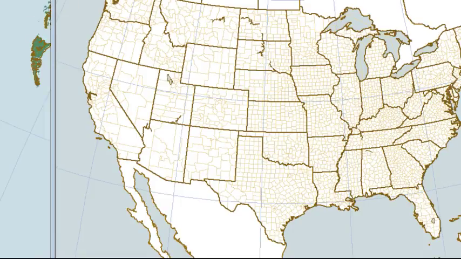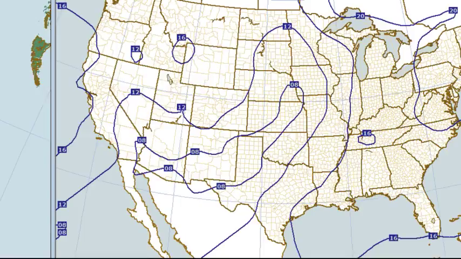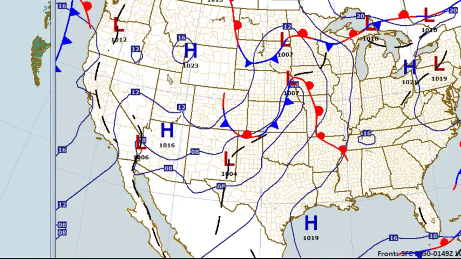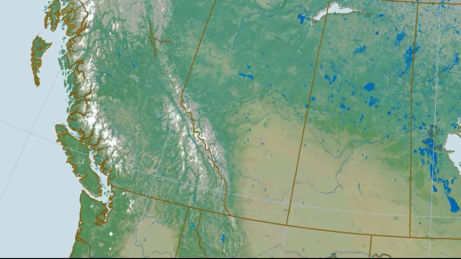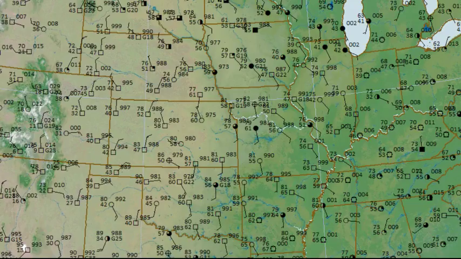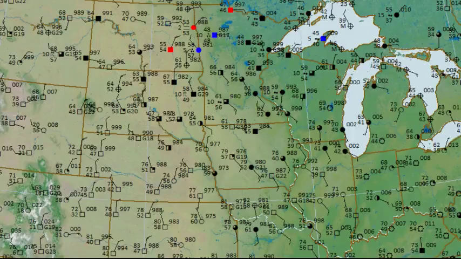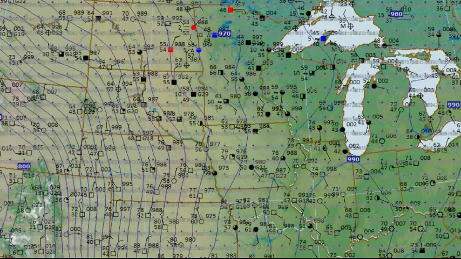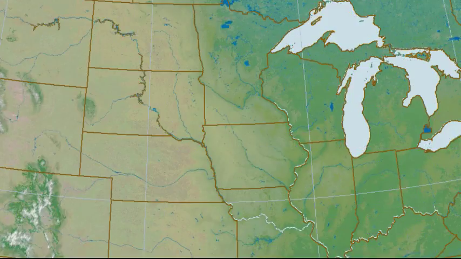So the pressure analysis is going to look like this. So there's that front up there in the Dakotas. And then if we take a closer look, we can do the actual surface plots. And I'll give you the isobars here. Try that one more time.